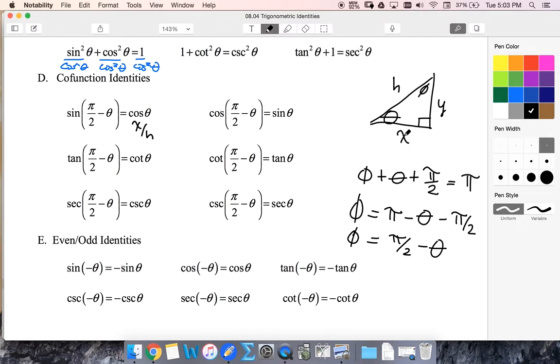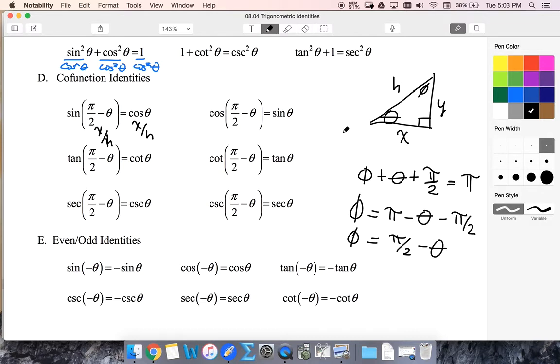So sine of phi is also x over h. So you don't have to memorize this identity. You need to be able to think about a triangle and how within a triangle, the cosine of this angle is the same as the sine of this one.